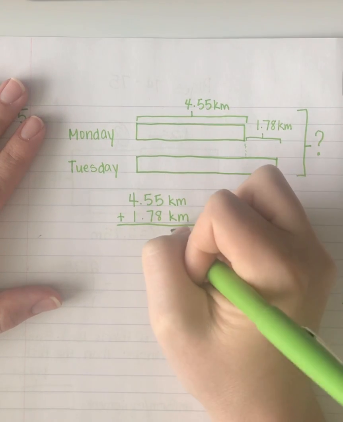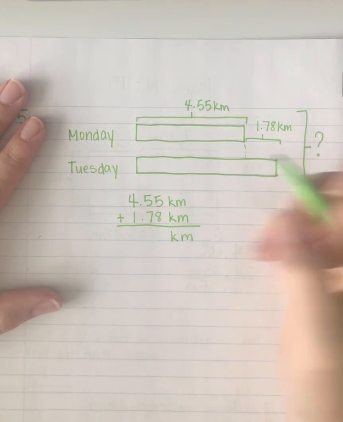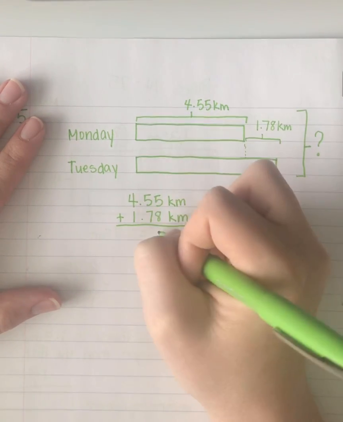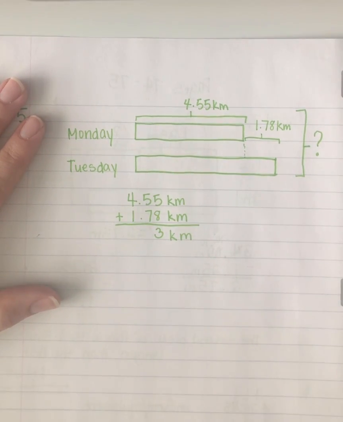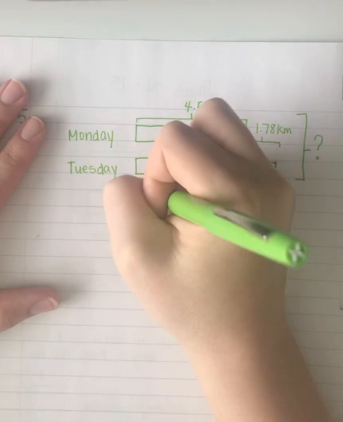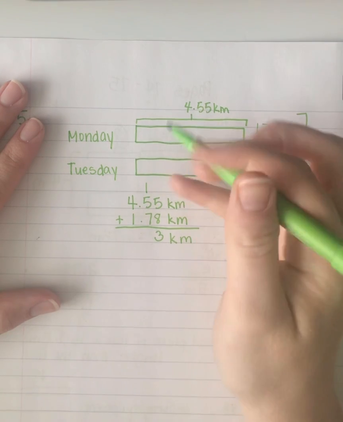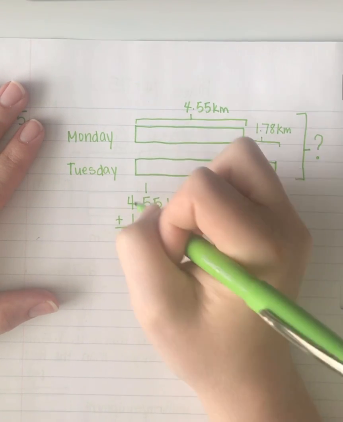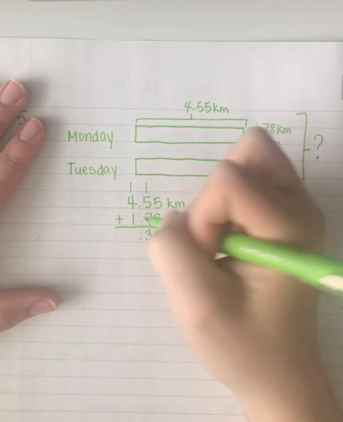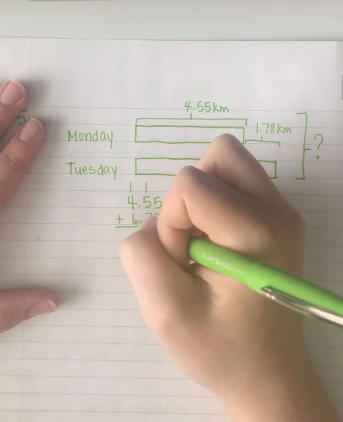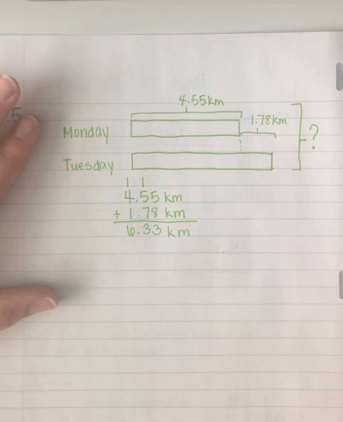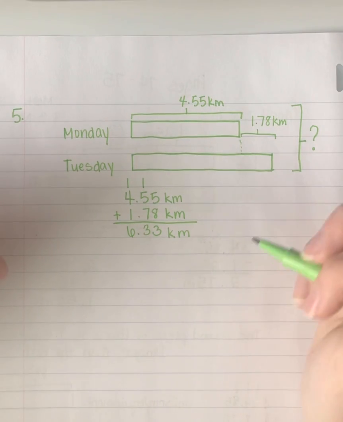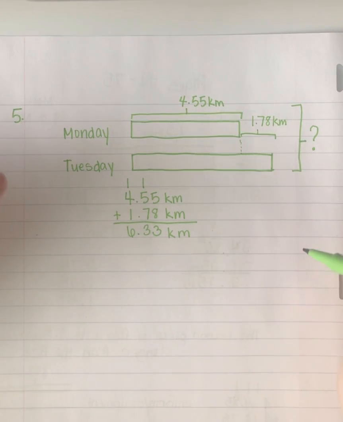And I'm going to bring down my kilometers so that I don't forget. 5 plus 8 is 13. Carry my 1. 1 plus 5 is 6 plus 7 is 13. Bring down my decimal. 1 plus 4 is 5 plus 1 is 6. So on Tuesday, he went 6.33 kilometers.